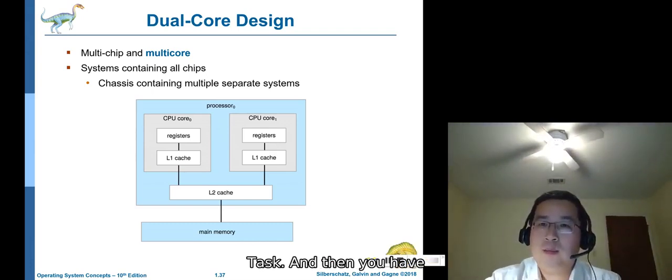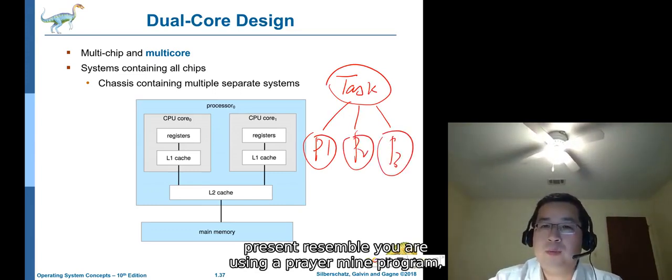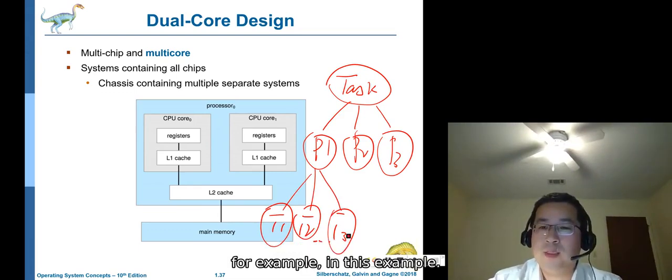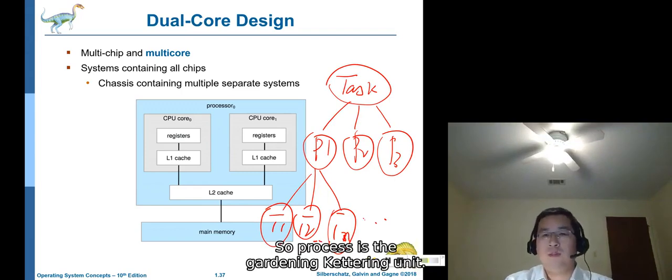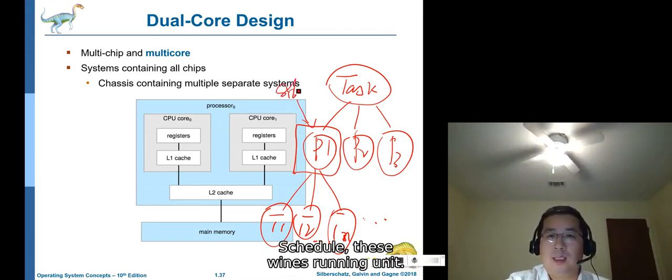Tasks, and then you have processes. For example, you are using parallel programming, okay? And then you have multiple threads. Just for example. So the process is the scheduling unit; this one is the running unit.